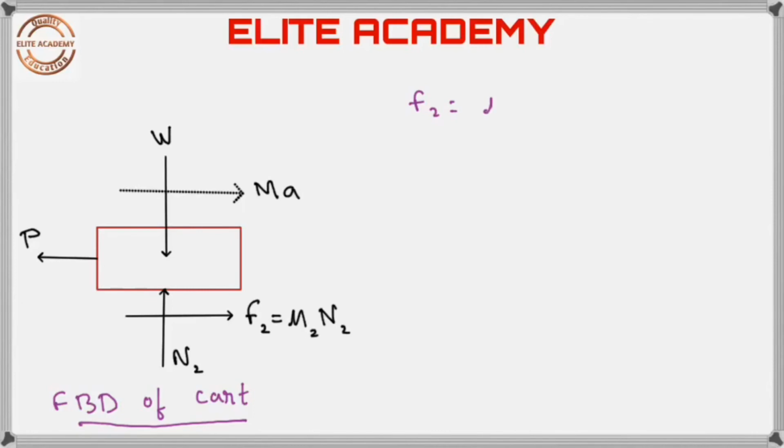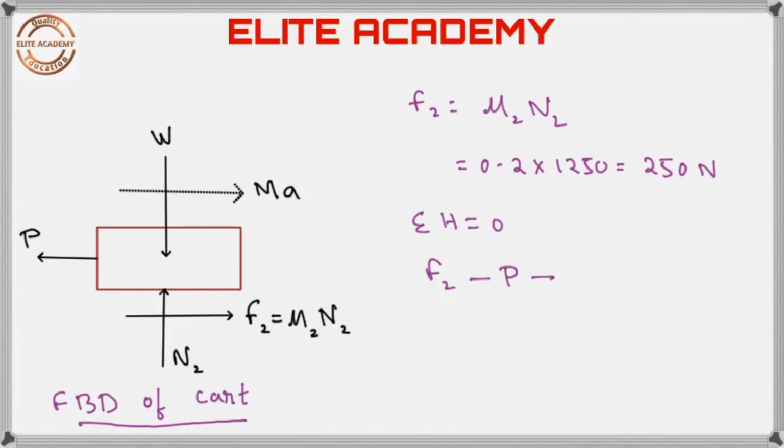Now, frictional force F2 is equal to mu2 into N2. So, 0.2 into 1250, we get frictional force F2 is equal to 250 newtons. Now, consider horizontal equilibrium, sigma H is equal to 0. So, F2 minus P plus Ma is equal to 0.